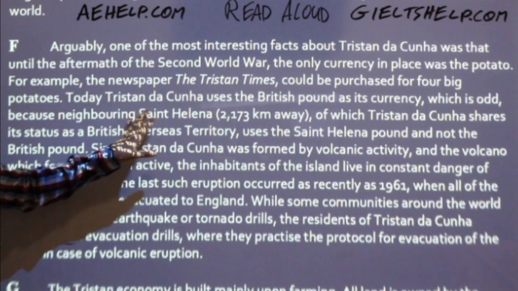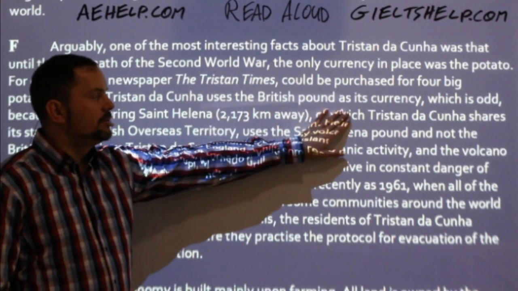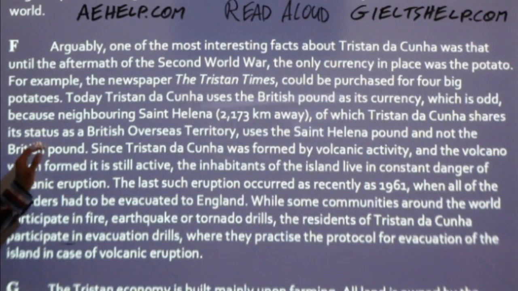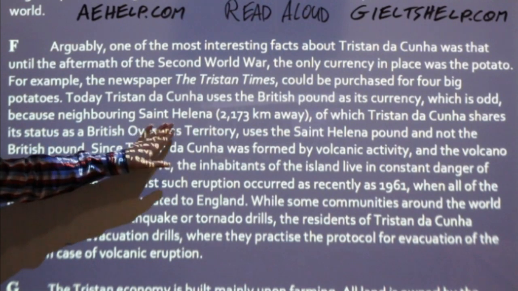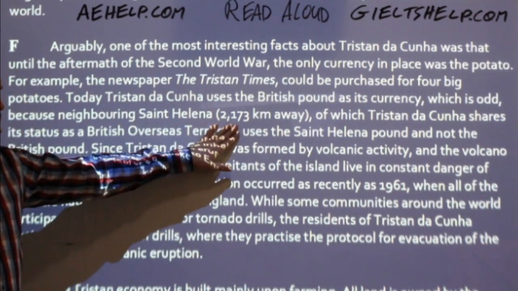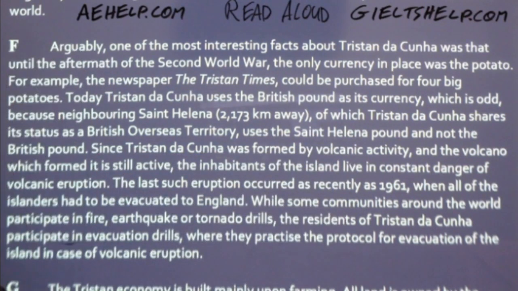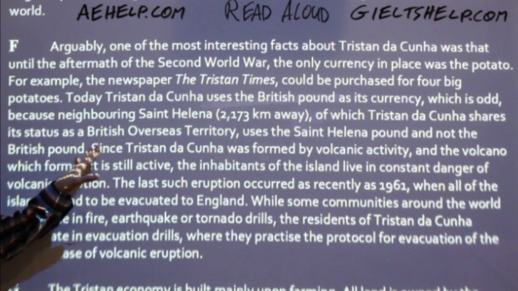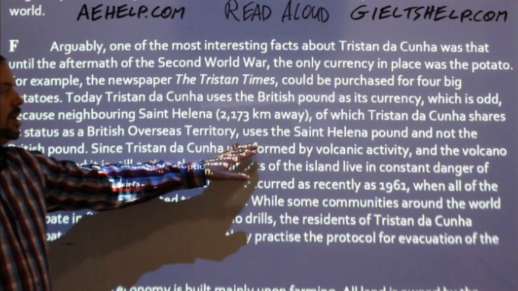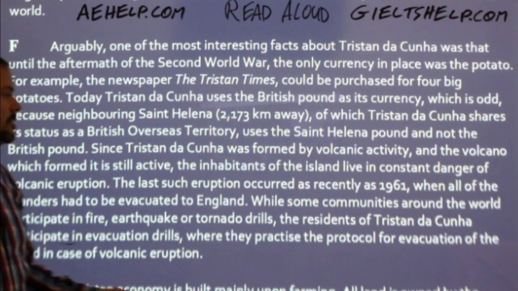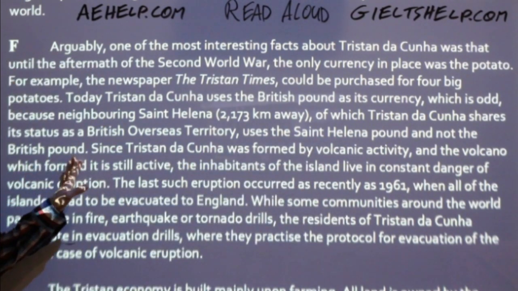Today, Tristan da Cunha uses the British pound as its currency, which is odd because neighboring St. Helena, 2,173 kilometers away, of which Tristan da Cunha shares its status as a British overseas territory, uses the St. Helena pound and not the British pound.